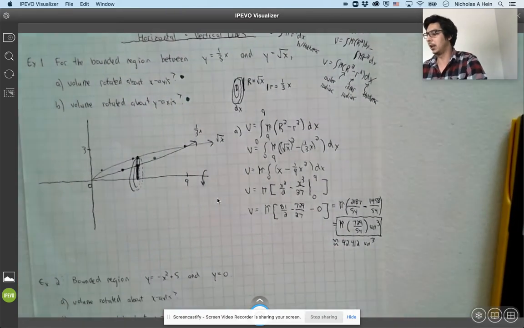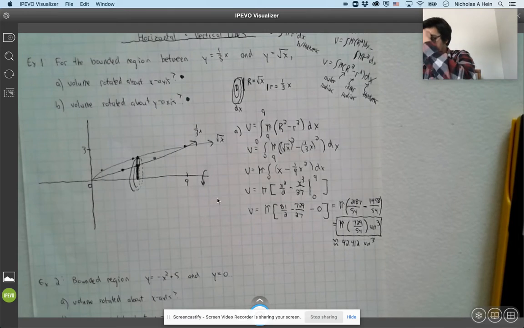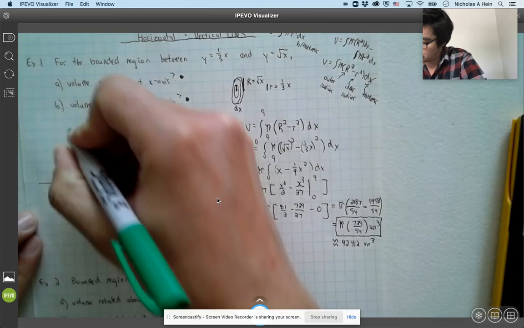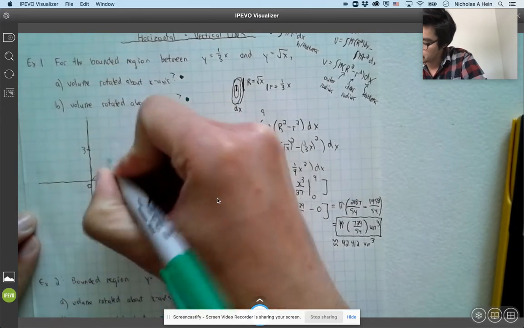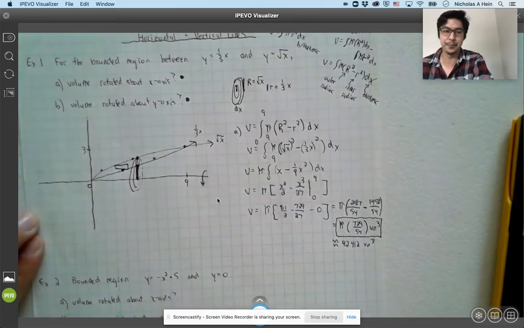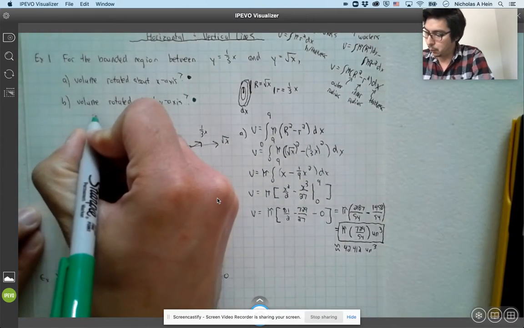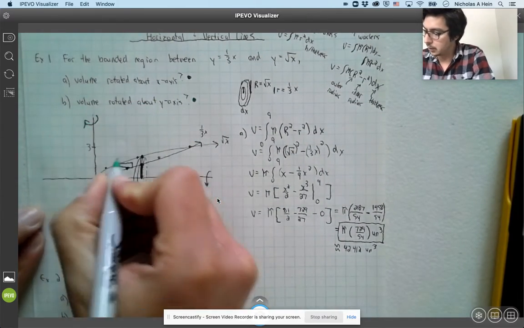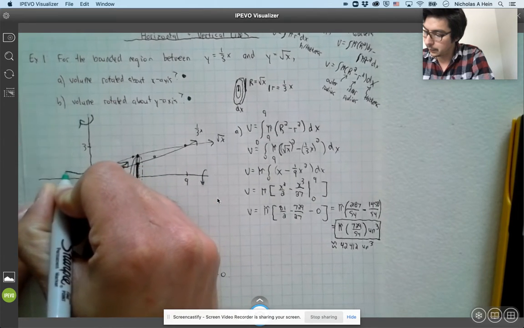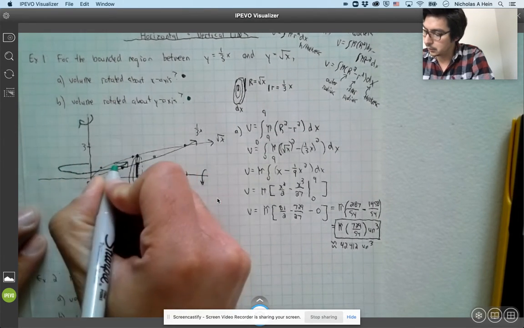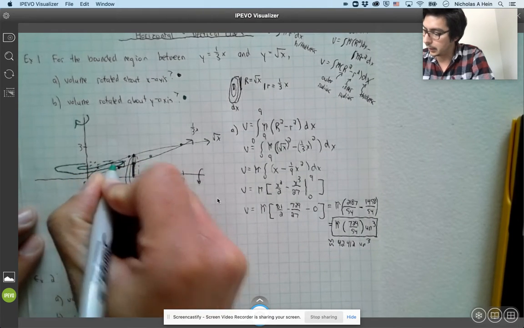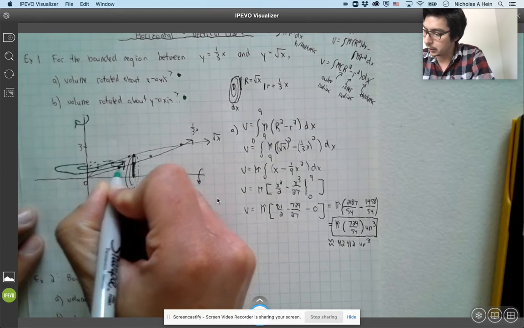Now let's do about the y-axis, the second part of this. Rotating about the y-axis, if we look at the area under the curve about the y-axis here, we're going to have rectangles that look something like this. And rotating about the y-axis, what you're going to end up getting is another washer like so.